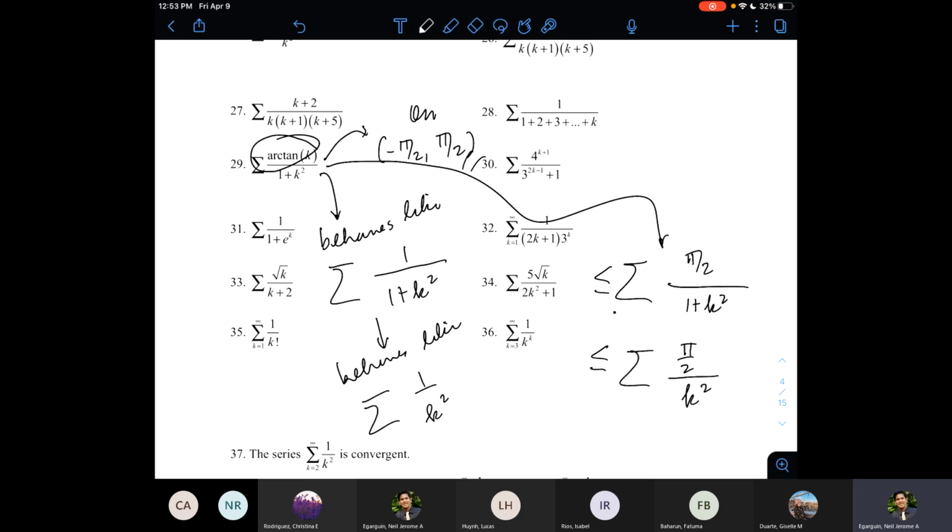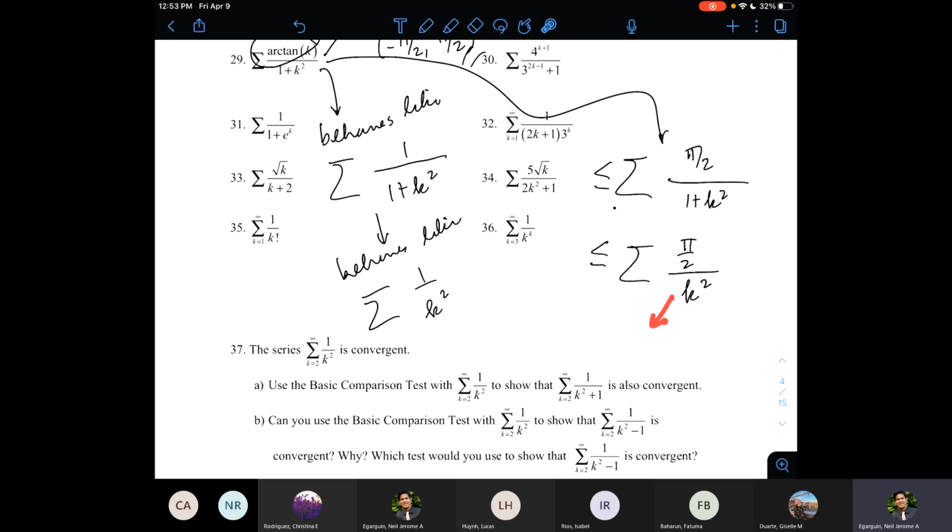Actually, this is a totally different solution, but I hope you see the point, okay? Because here I made the denominator smaller, thereby making the fraction larger, and hence that inequality symbol. And this is a convergent p-series, as you have indicated earlier. Given series is smaller than a convergent p-series, that means this is convergent.